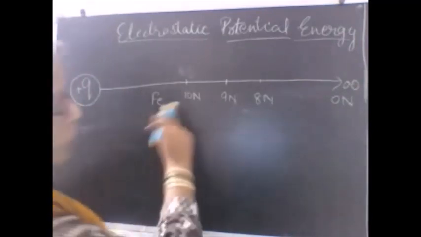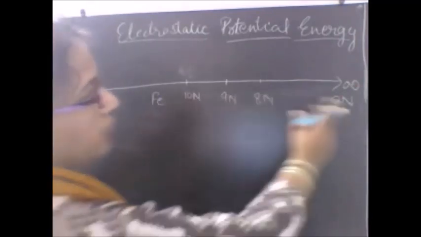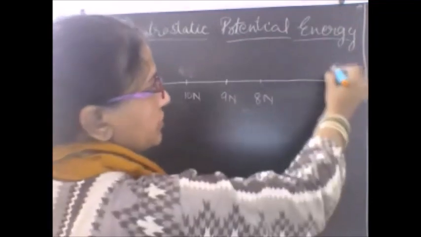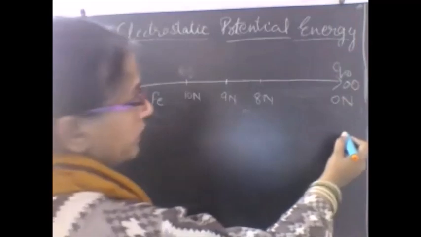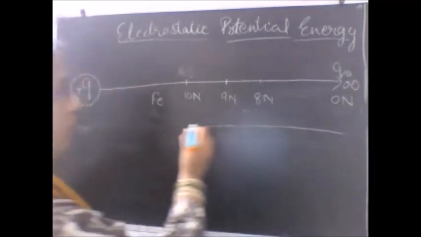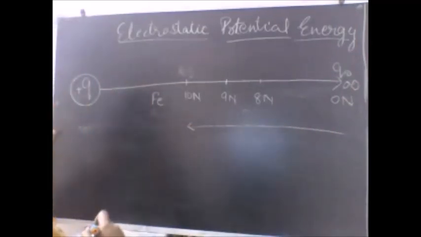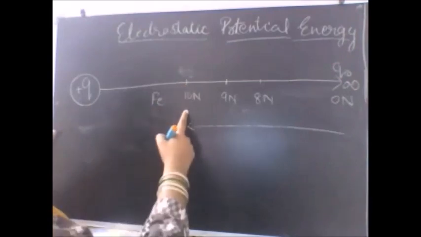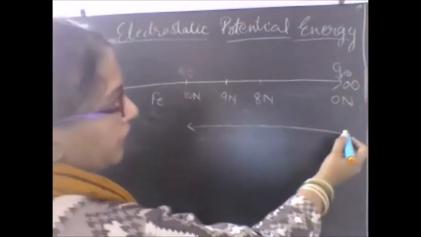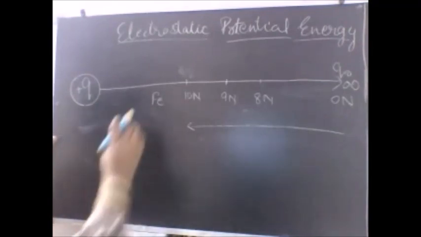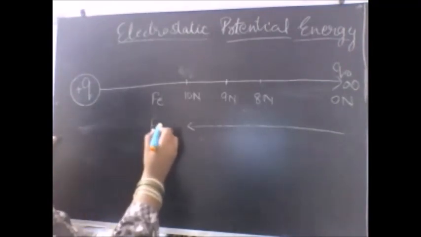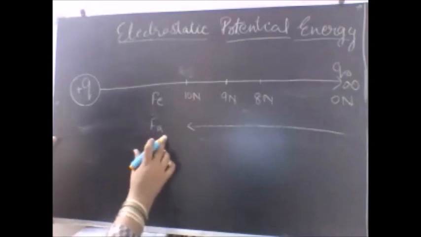Now under the influence of electrostatic force, the charge Q naught has reached infinity. Now my task is to bring the charge back to the initial position, that is, from where it started. So isn't it that I have to do some work, some force is to be applied from outside. So now I need to apply a force. This Fa is the applied force.